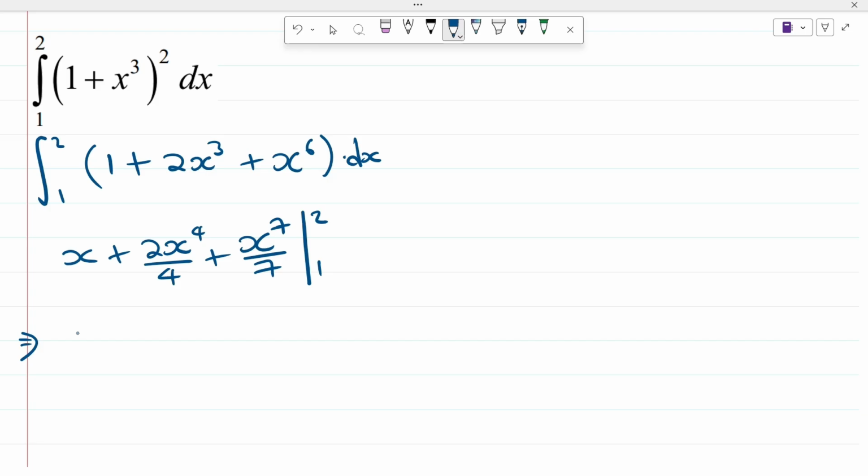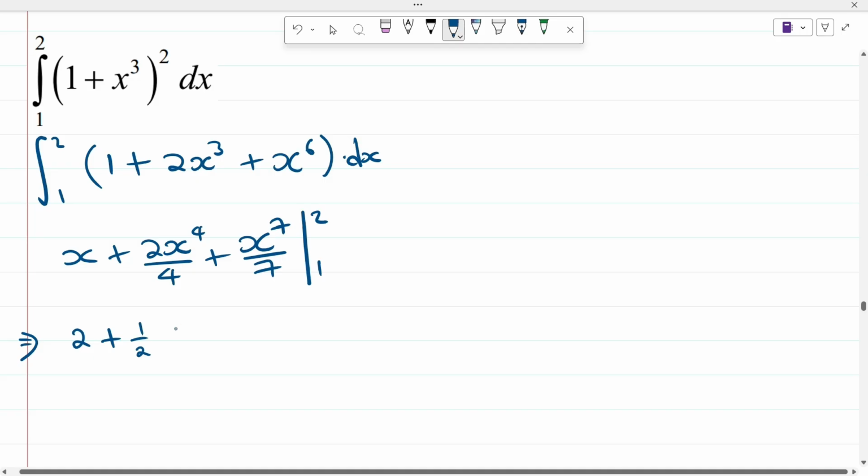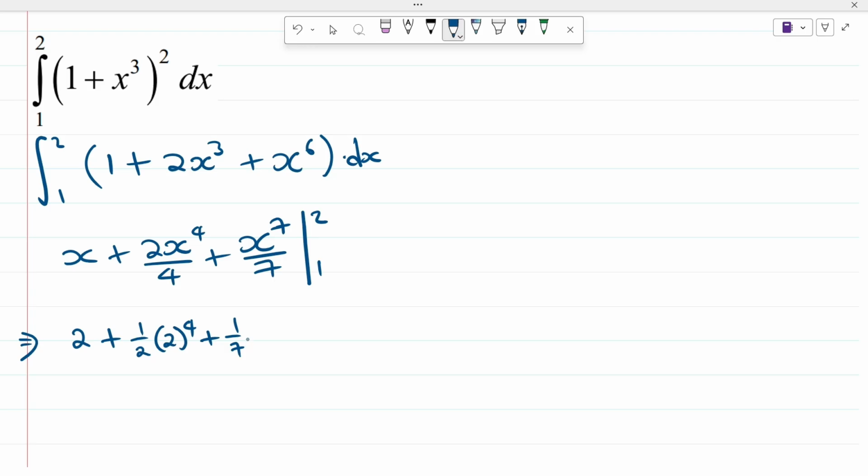So this is going to be 2 plus 1 over 2 times 2 to the power of 4 plus 1 over 7 times 2 to the power of 7, minus, I substitute the other limit: 1 plus 1 over 2 into 1 to the power of 4 plus 1 over 7 into 1 to the power of 7, just like that.